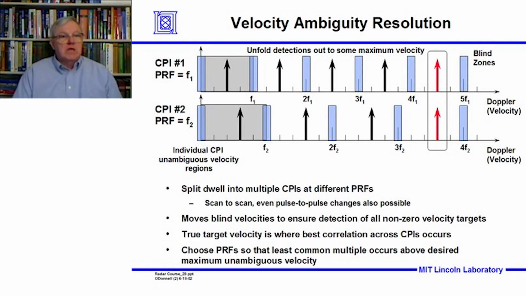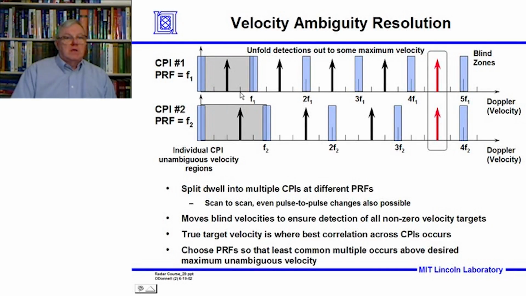Okay. Now this is one of the more simple ways, for a simple case, that we resolve velocity ambiguities, and I'm going to show you. Say we have a coherent processing interval number 1 and a coherent processing interval number 2.